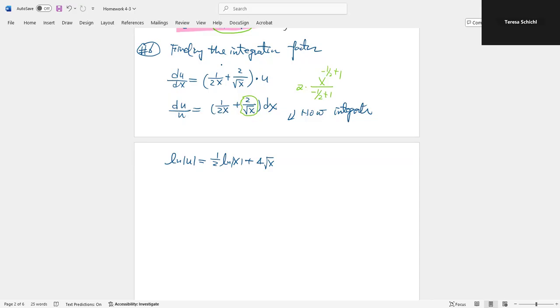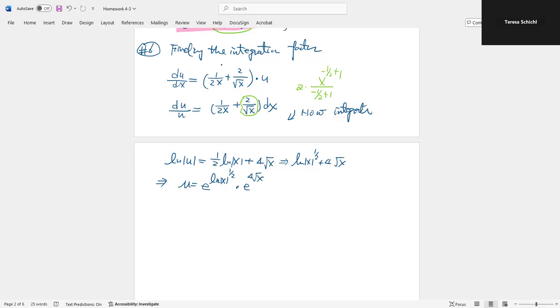Okay, so this 1/2 I can move in. I can say this is the natural log of x to the 1/2 plus 4 square roots of x. So now I can say u is equal to x to the 1/2 times e to the 4 square roots of x, right?